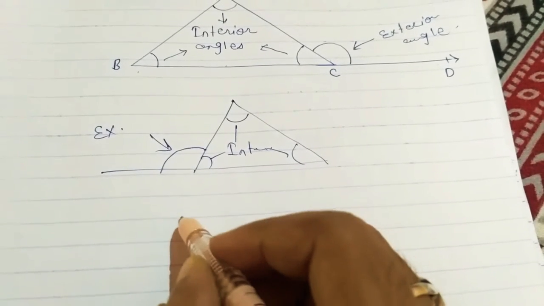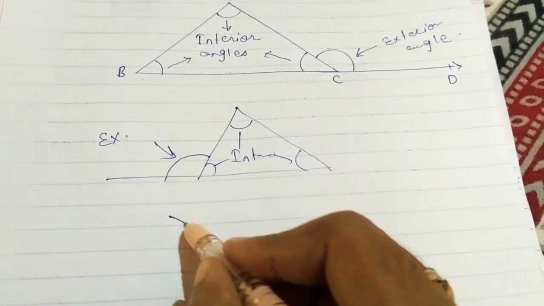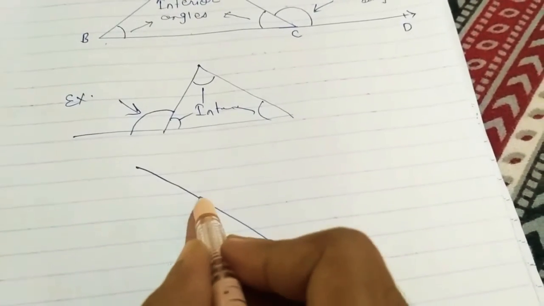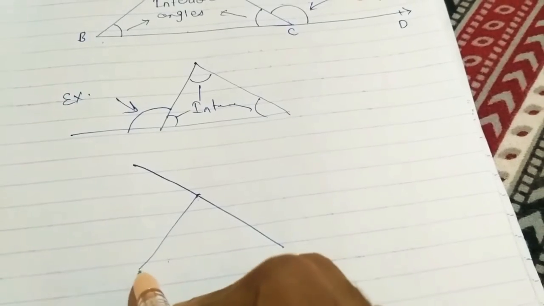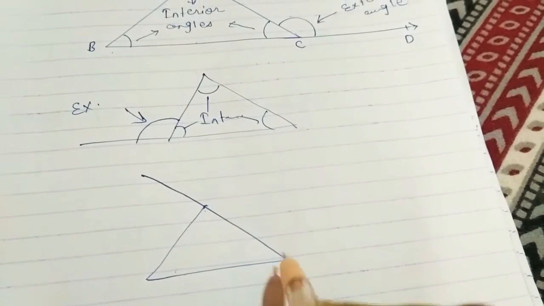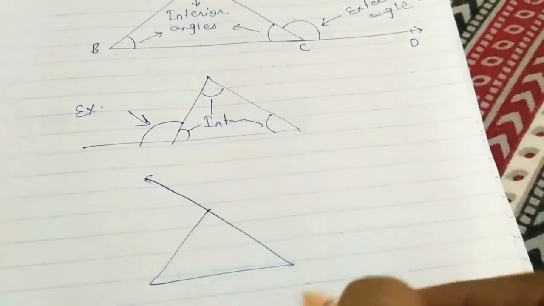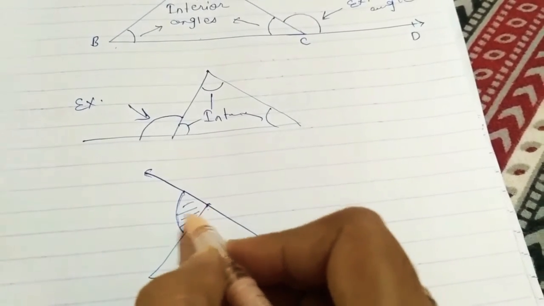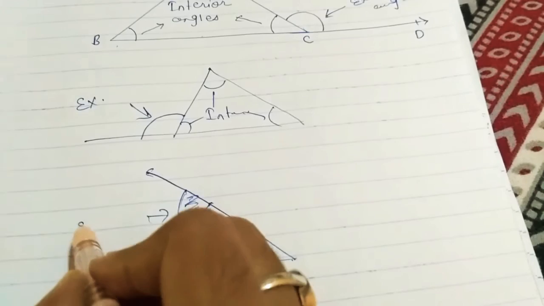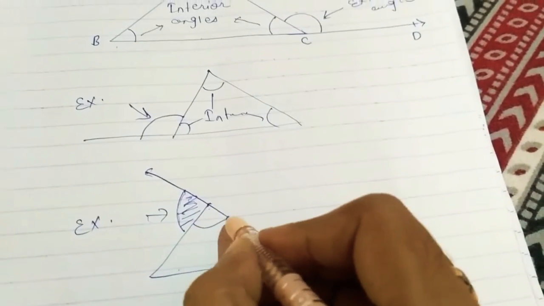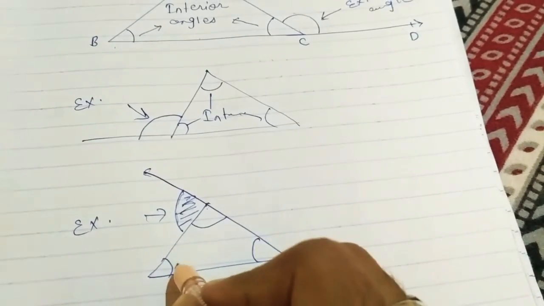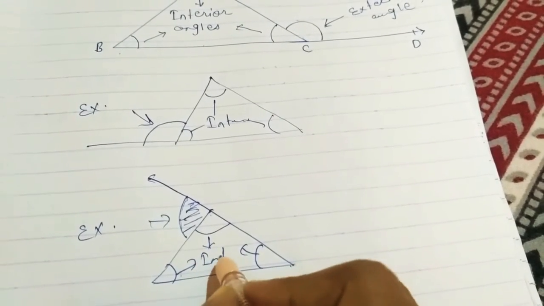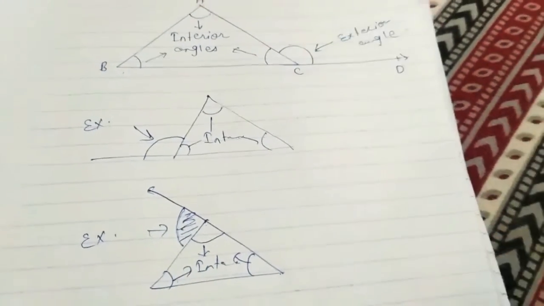In this figure also you can see here. Now in this figure, this angle is known as exterior, whereas these are known as interiors. Understood?